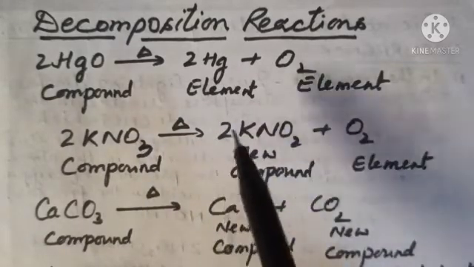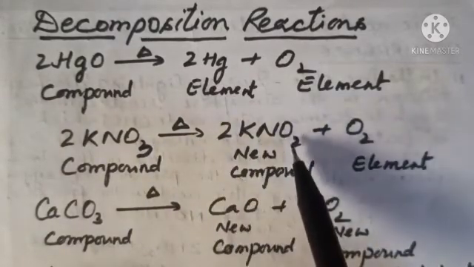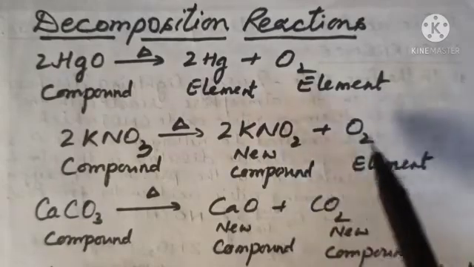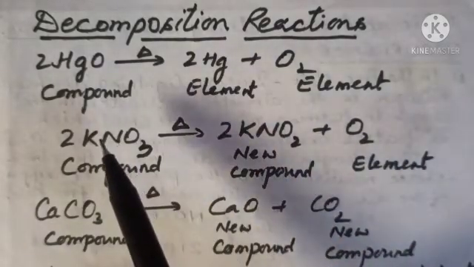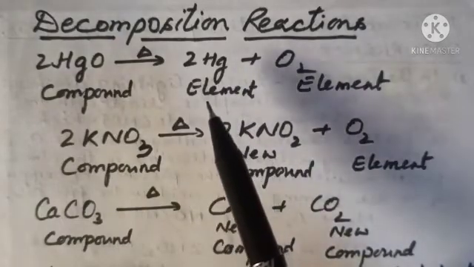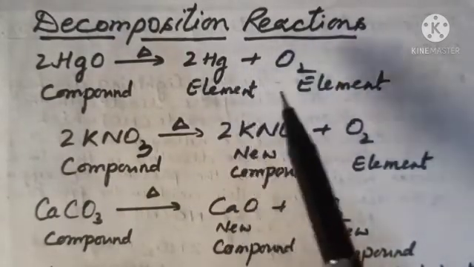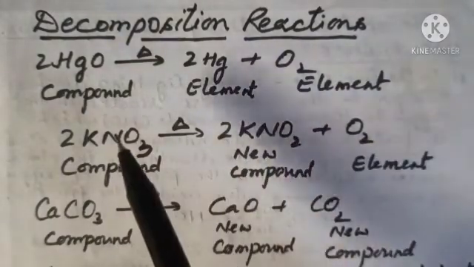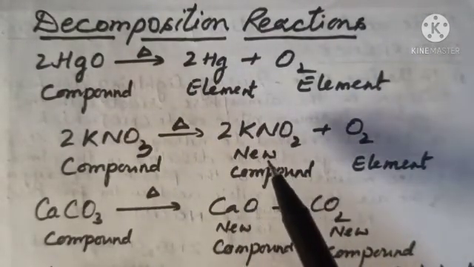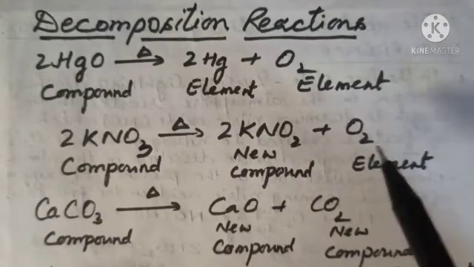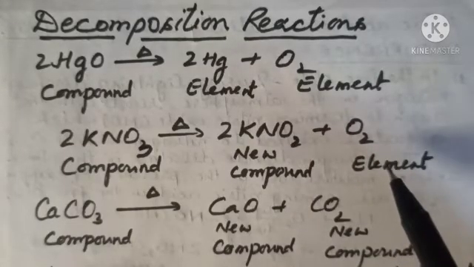On heating it gives potassium nitrite, a new compound, and oxygen, an element. So when a compound decomposes, it can give two elements, or a new compound and an element.